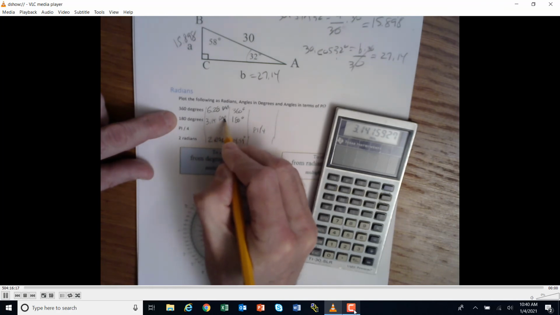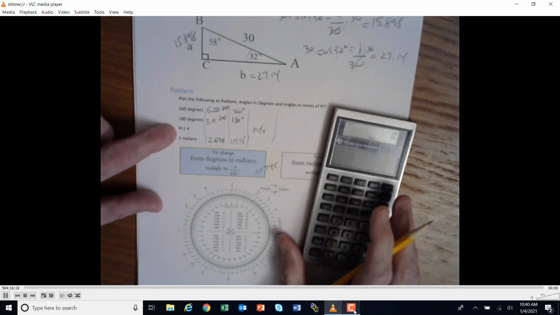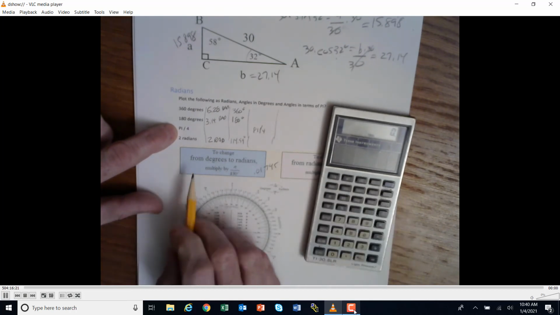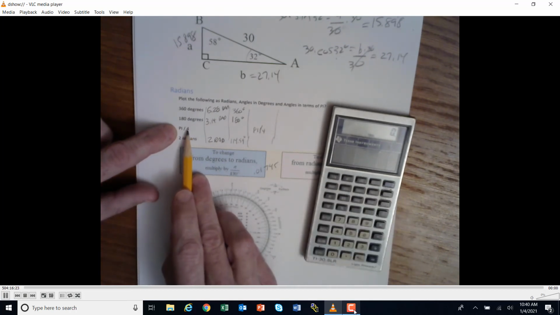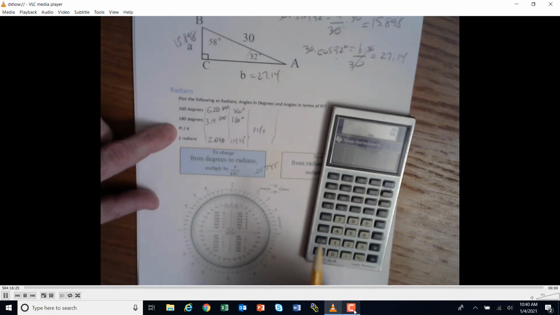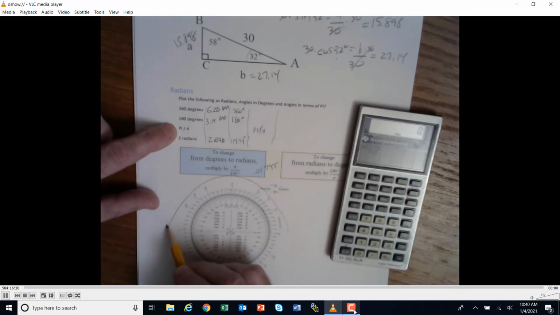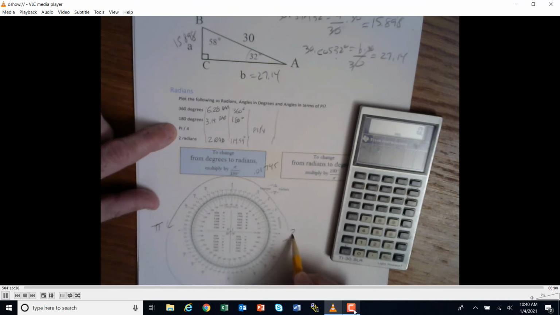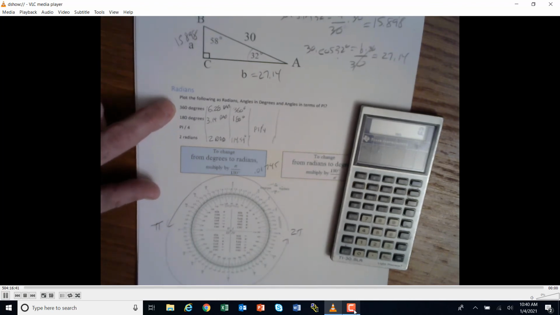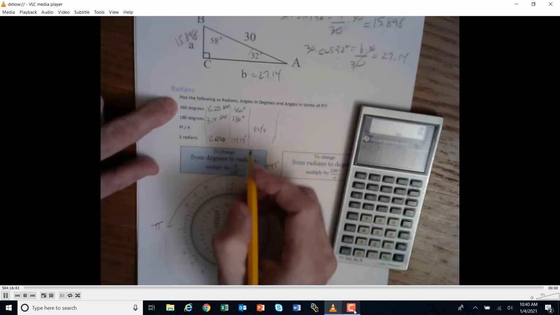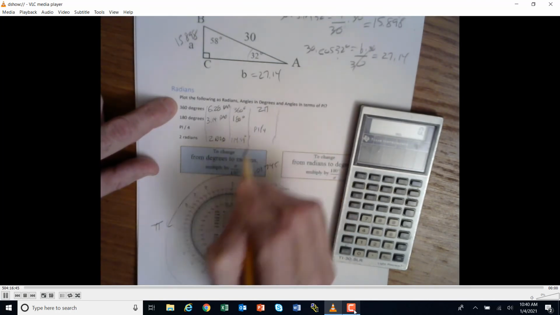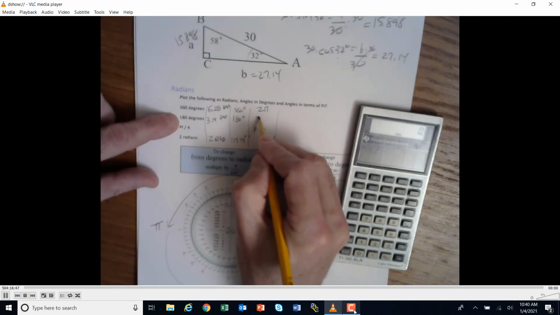Maybe the next thing we need to do is figure out what pi over 4 is. When I look at my chart, I have 0 to 180, and then 180 to 360. This is pi, and this is 2 pi. So 360 degrees is 2 pi, and 180 degrees is pi.